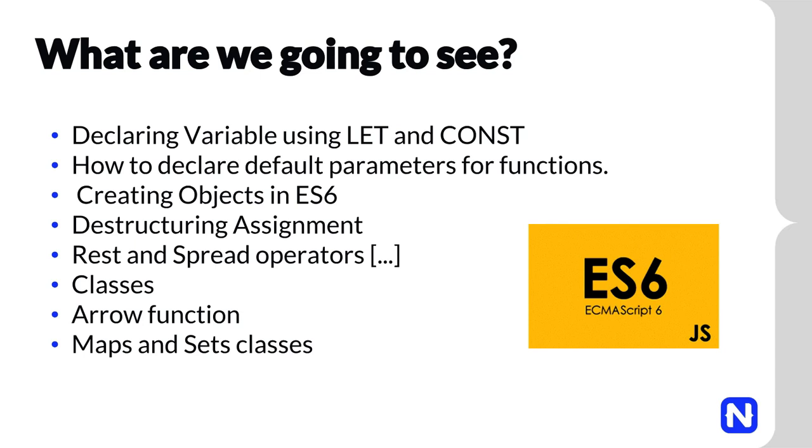Then I will speak about destructuring assignment and the rest and spread operators with the 3 dots. Then I will explain the classes in ECMAScript 6 and arrow functions, and finally I will speak about maps and sets classes. So let's start.